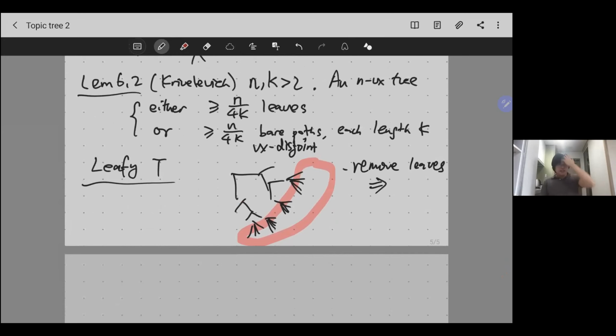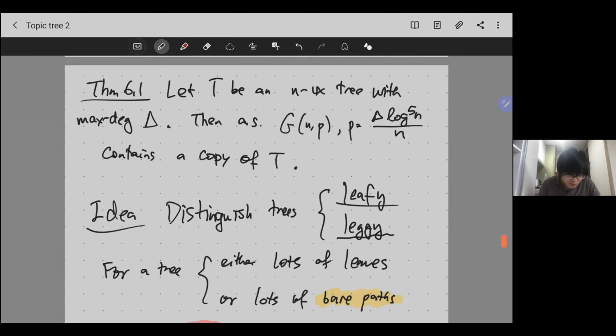Now, if you have lots of leaves, we're going to delete the leaves. Because it has lots of leaves, when you delete them, this tree shrinks to (1 minus 0.01) times n size. Then we can use the almost spanning tree result to embed the majority part. This is our T prime. We use the almost spanning result, in particular, this theorem 5.7 we just derived.